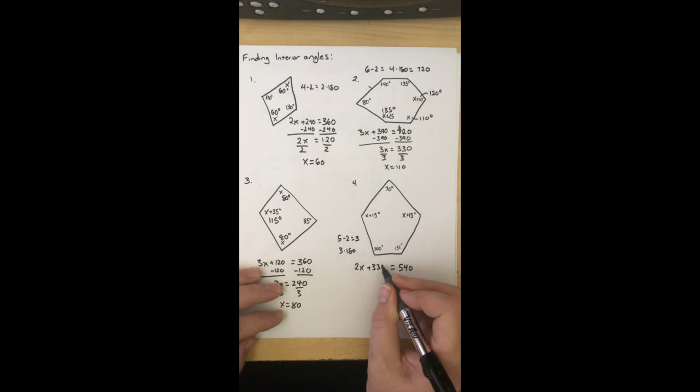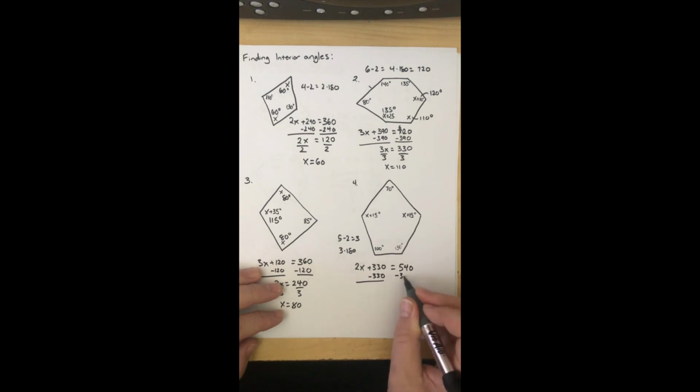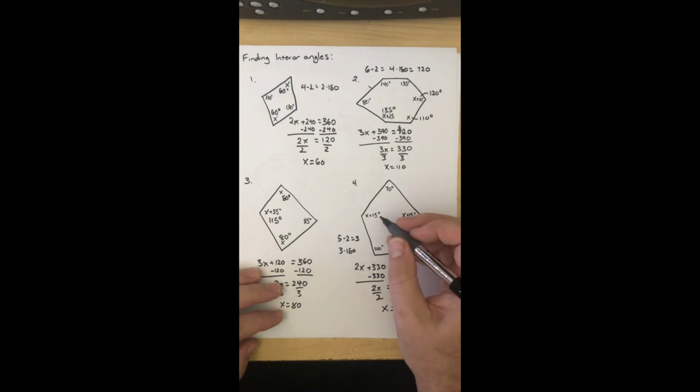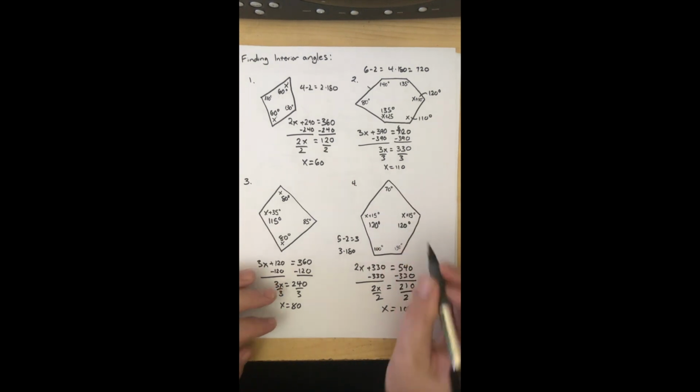I like that better. Okay. Subtraction. That's going to be 0, 1, and 2. That's 210. I divide by 2. 200 divided by 2 is 100. Divide 10 in half. I get 5. So x equals 105. So I got 105 plus 15. That's 15 plus 5 is 20. So this is 120 here and 120 there.